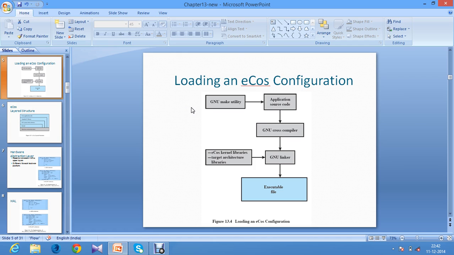This code is independent of eCos but makes use of an application programming interface to sit on top of the eCos software. There may be only one version of the application source code, or there may be variations for different versions of the target embedded platform. In this example, a GNU utility is used to selectively determine which pieces of the program need to be compiled or recompiled.